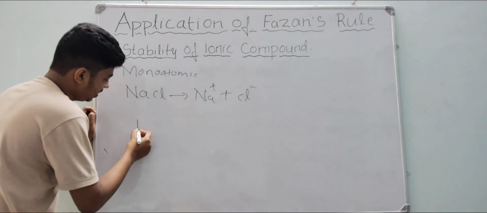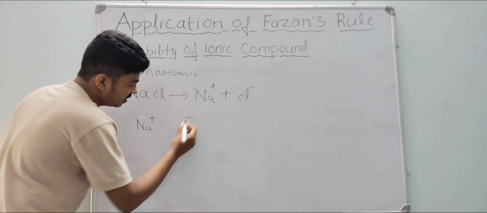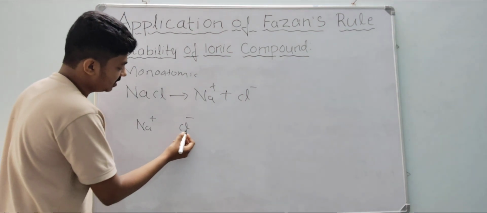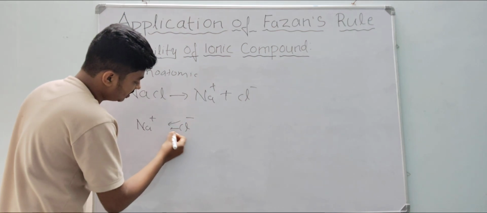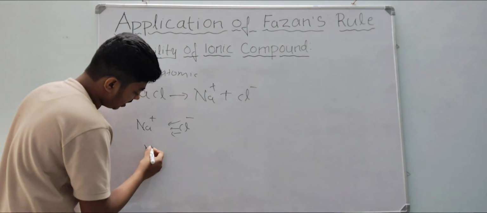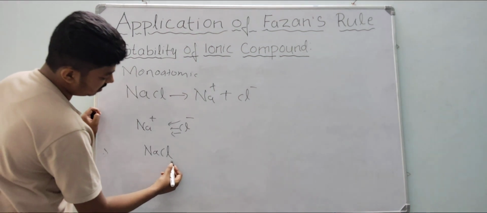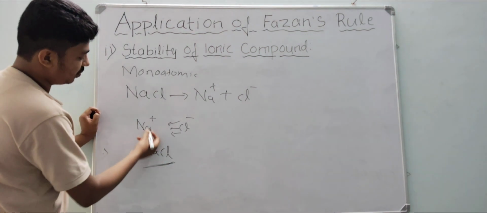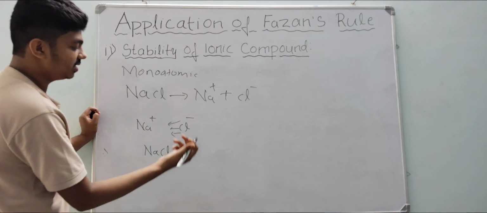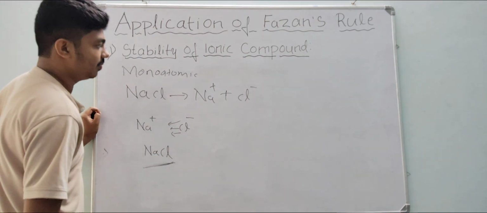Here Na plus will polarize the Cl minus, which is monoatomic, and it will form a stable compound called NaCl. Here decomposition of NaCl won't take place because polarization is more, meaning it will hold Cl minus strongly, so it forms a stable compound.